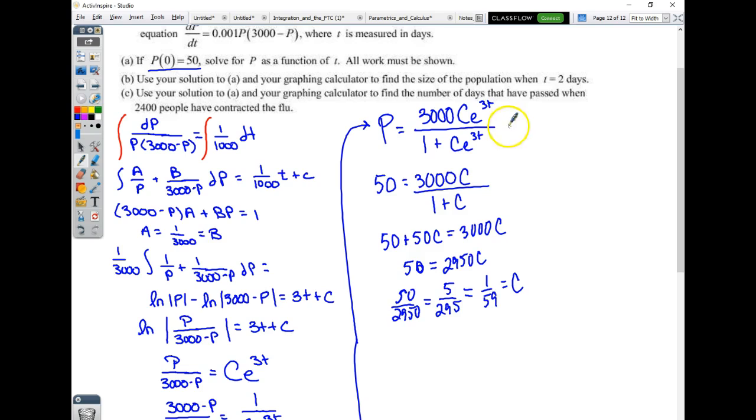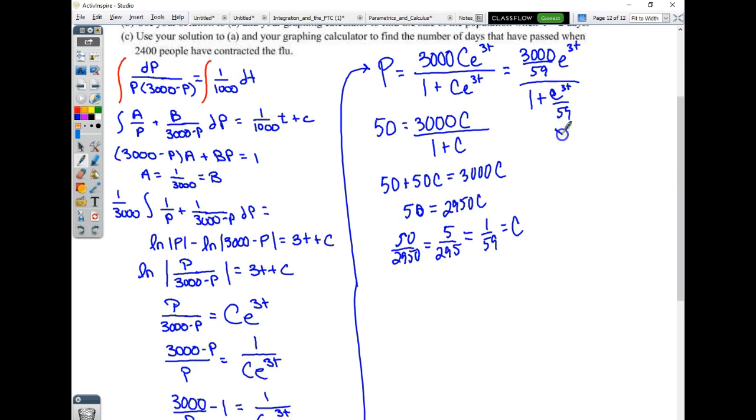So now I know that p apparently is going to be, in this case, 3,000 over 59 e to the 3t over 1 plus e to the 3t over 59. To make matters even more enjoyable then, because that's not enough, this was typically not how you'll actually see the problem presented.